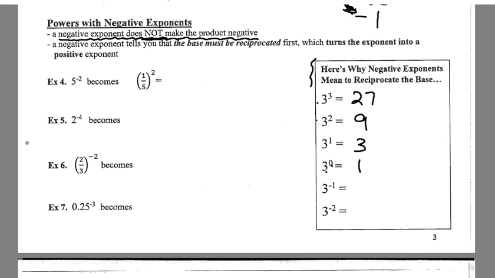So I see that as I decrease my exponents by 1, I'm just dividing each value by 3 to get to the next one. 3 cubed was 27, 3 squared was 9. Well, I'm dividing by 3 because there's 1 less 3 in it. And I divide by 3. So to go from 3 to the 1 to 3 to the 0, I still divide by 3, and we see there's the reason 3 to the 0 is 1.